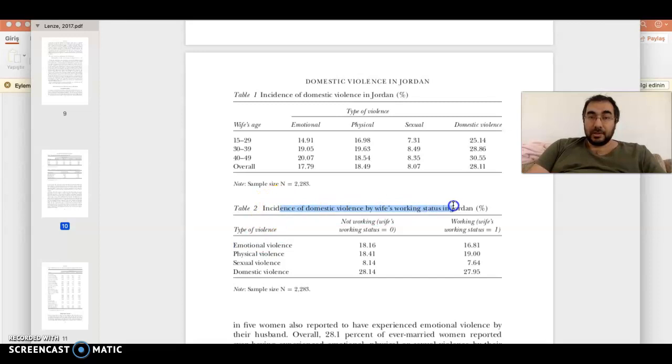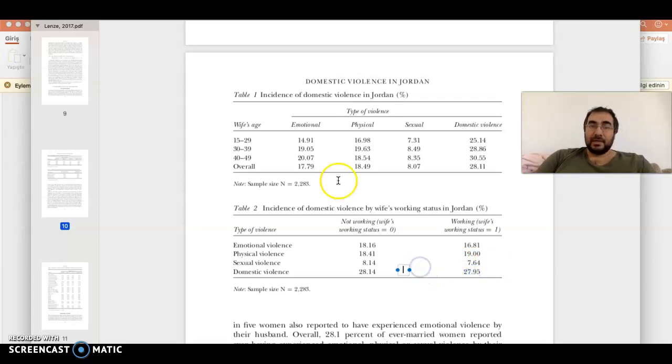Basically, in Jordan, when you just look purely at the possibilities, if a wife works, her possibility of getting emotional violence gets smaller, physical violence slightly higher, sexual violence slightly lower, and in general, a slightly lower possibility of getting violence.